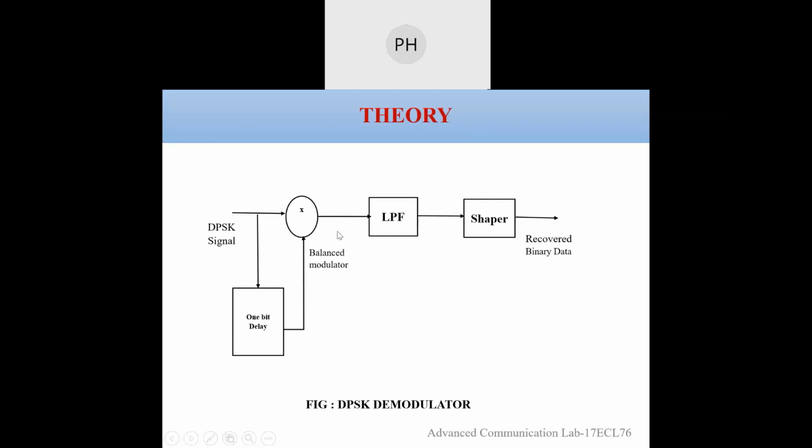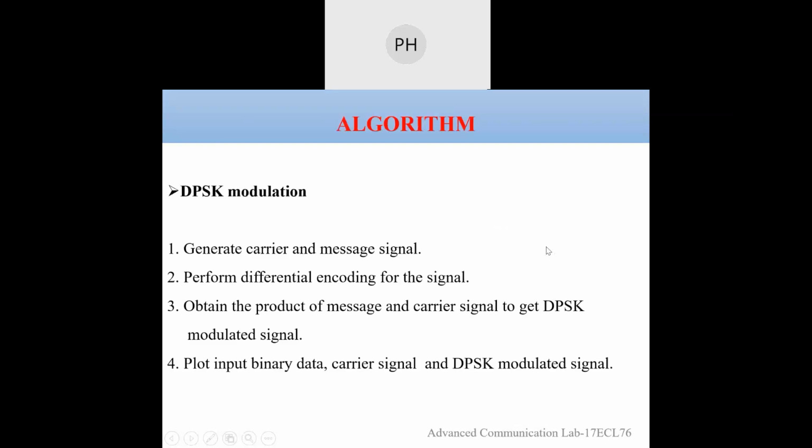The output of the balanced modulator is provided to the low pass filter, which eliminates the high frequency components, and the output of the low pass filter is provided to the shaper, which acts as a comparator. It is a decision device, in order to recover the binary data.